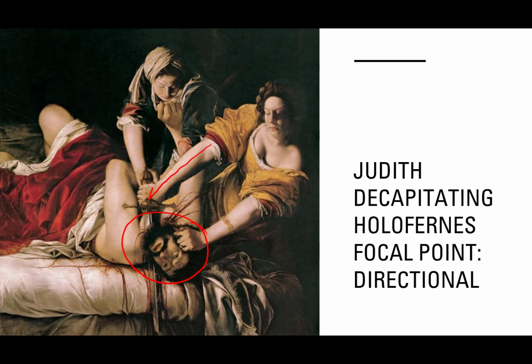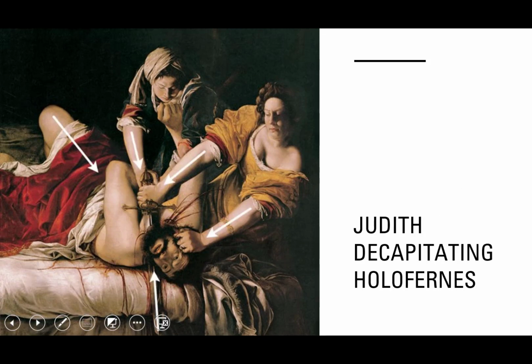And the next one showcases that, they draw it in for you: you have the arms all pointing in a direction towards his head, right? And his leg too, right? See how all of this gives you the direction you need to then see the focal point, which is him getting decapitated.